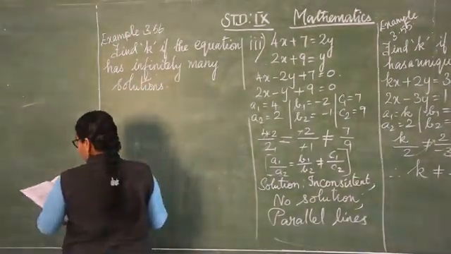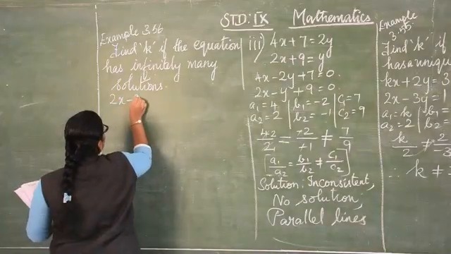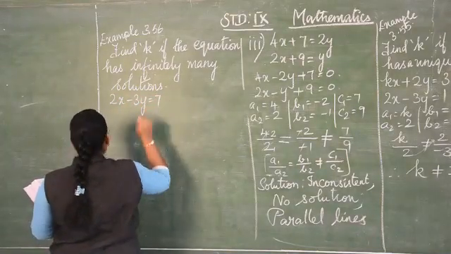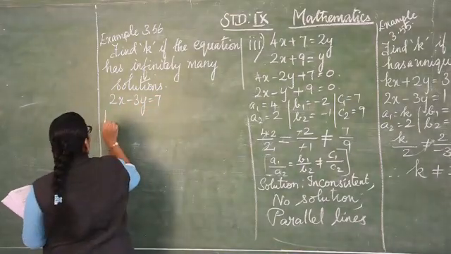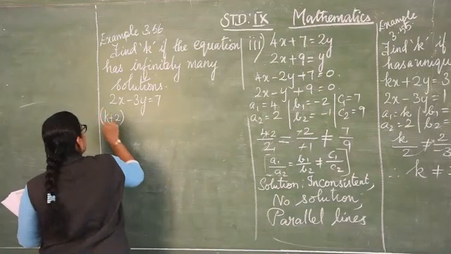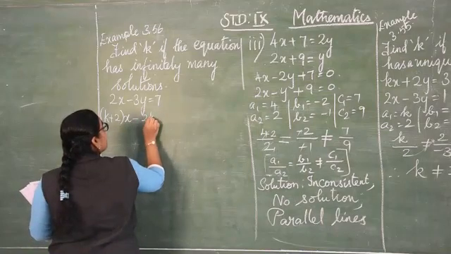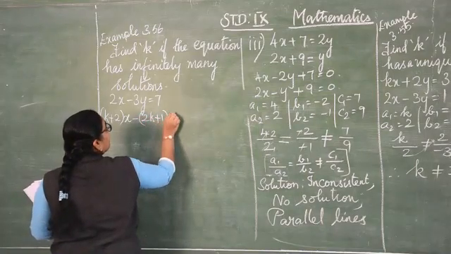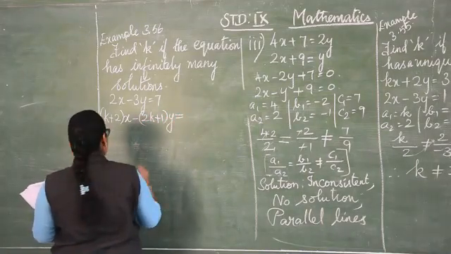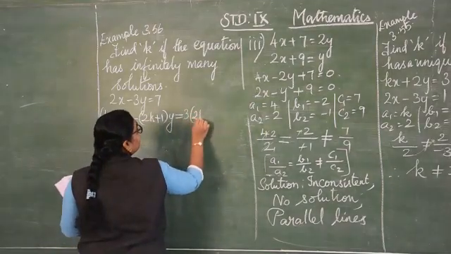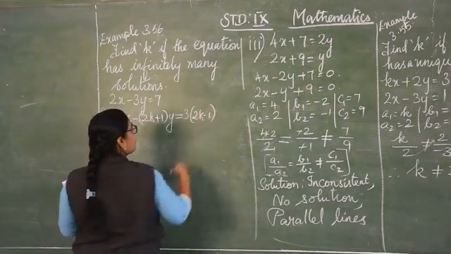What is the equation now? 2x minus 3y equal to 7. Then k plus 2 into x minus 2k plus 1 into y is equal to 3 into 2k minus 1.